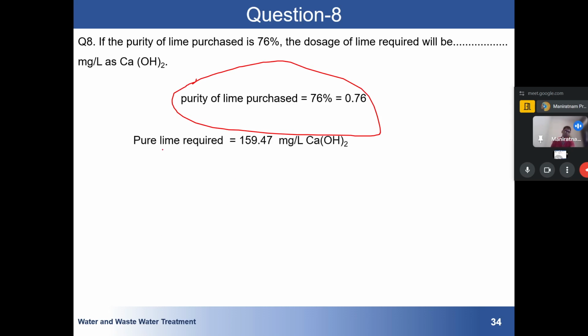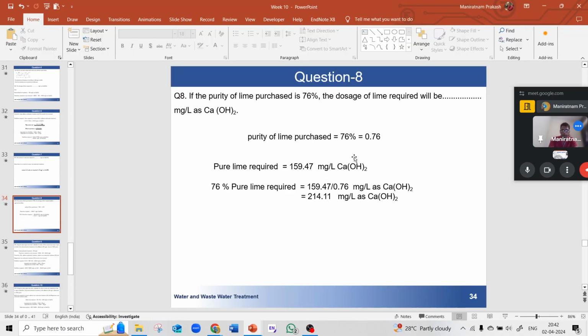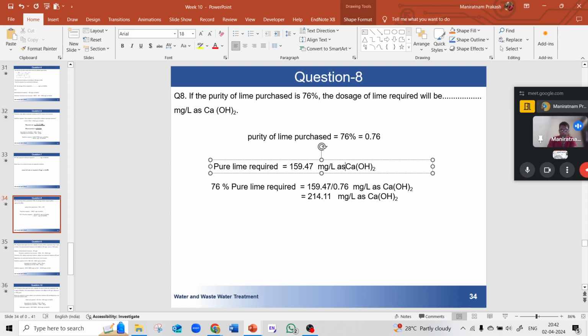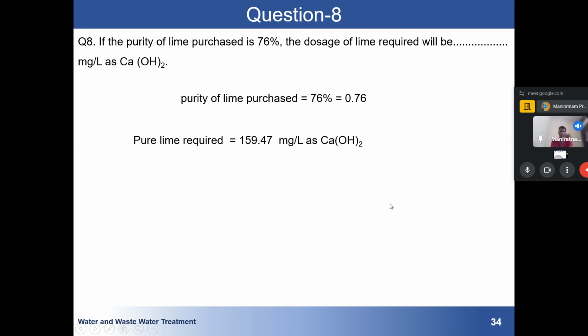Pure lime required 157 milligram per liter as CaCO3. I am very obsessed with writing units, so whenever I see any mistake in units, I correct it at that moment only.